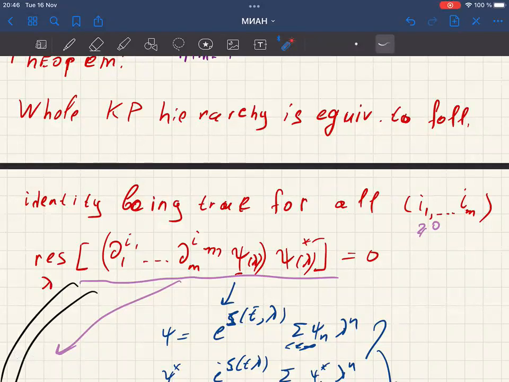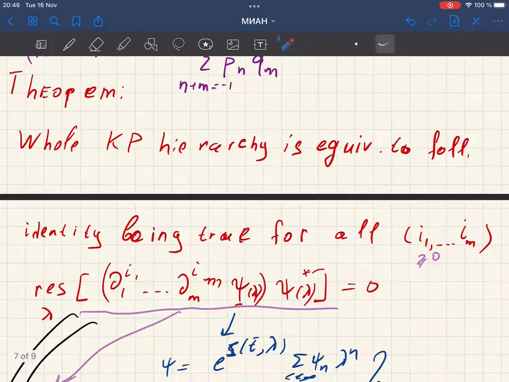I just wanted to say that this theorem has a statement in both sides.